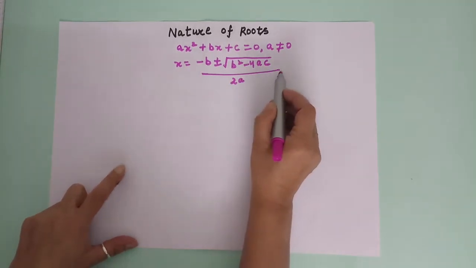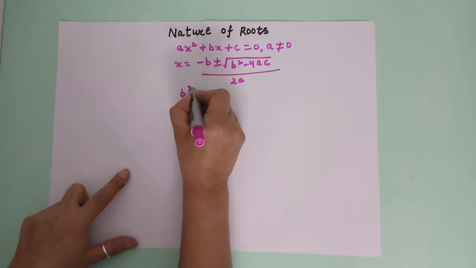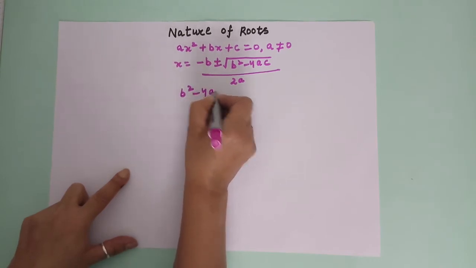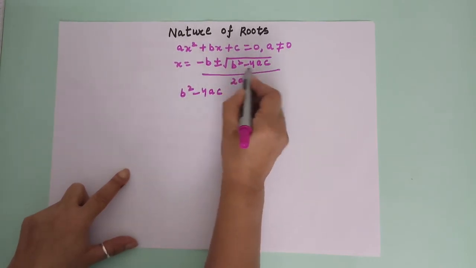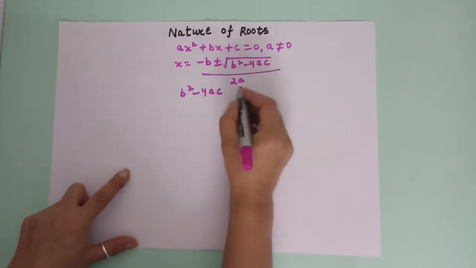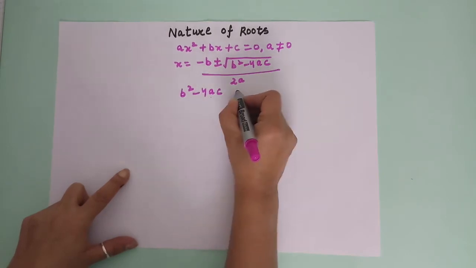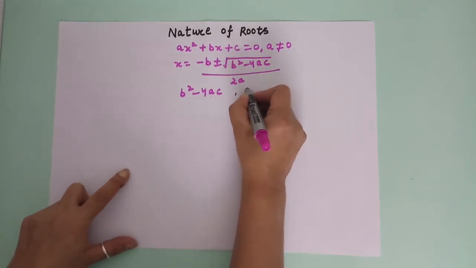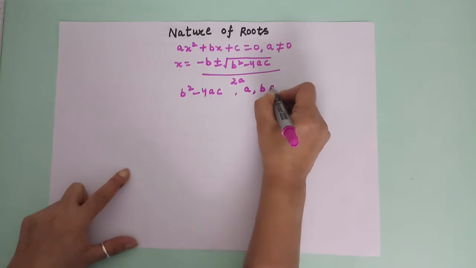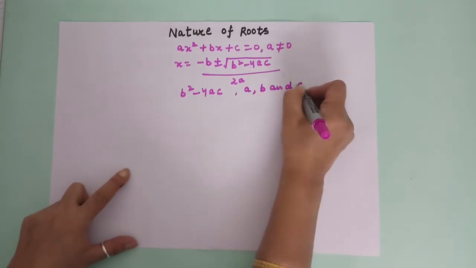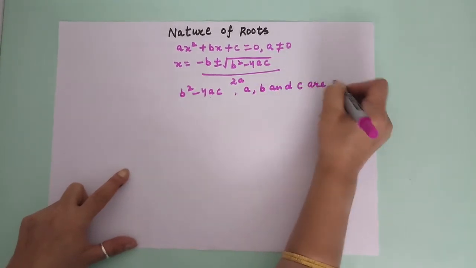Now let's observe b² - 4ac, that is this part. Here you have a, b and c, and all are constants, right? A, b and c are constants.